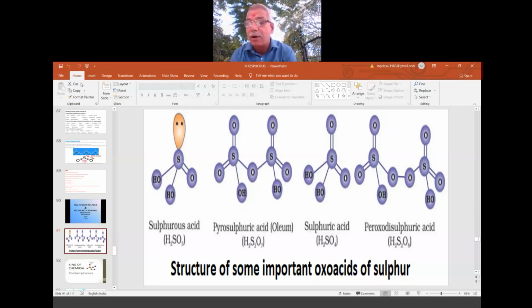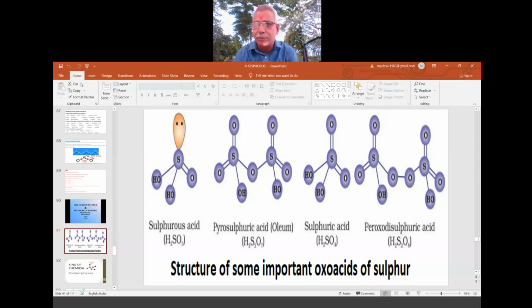And peroxodisulfuric acid, where two units of sulfuric acid type have combined and a bridge is made. An S-O-O-S bridge is there. Because of that bridge, we call it peroxide, because in chemistry we have seen the peroxide linkage, hydrogen peroxide, HOOH.